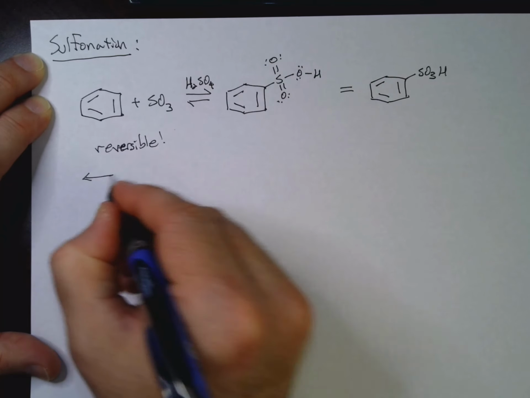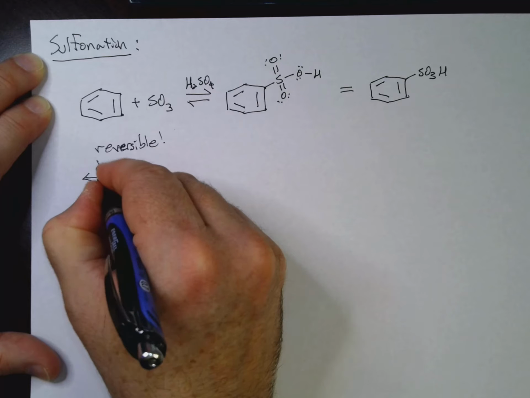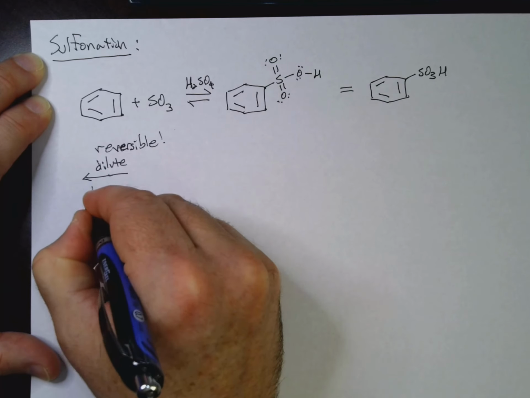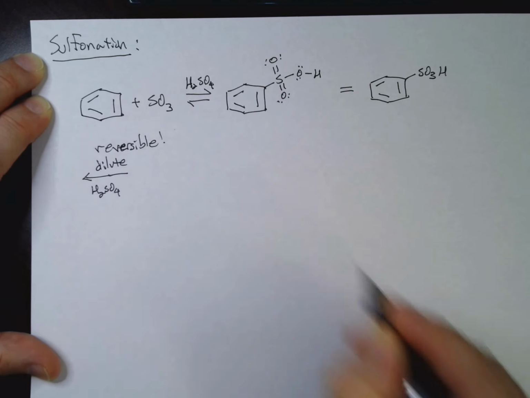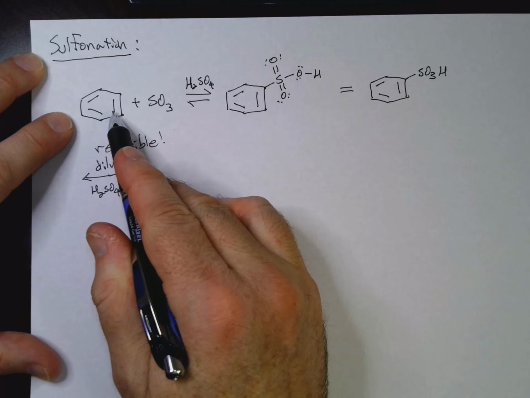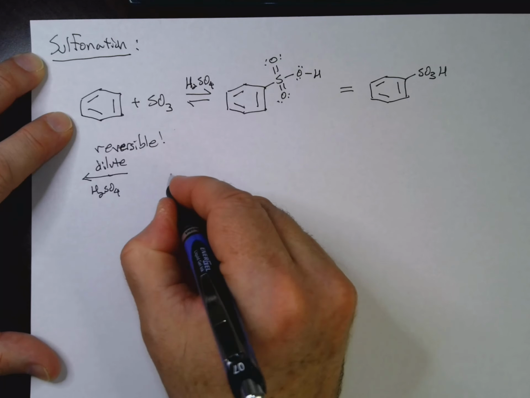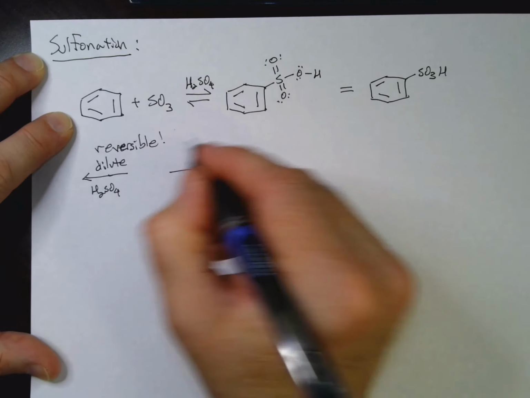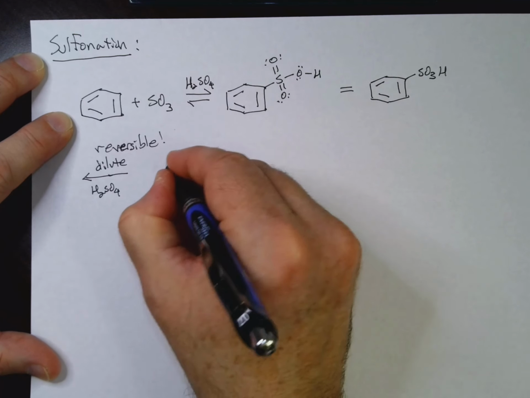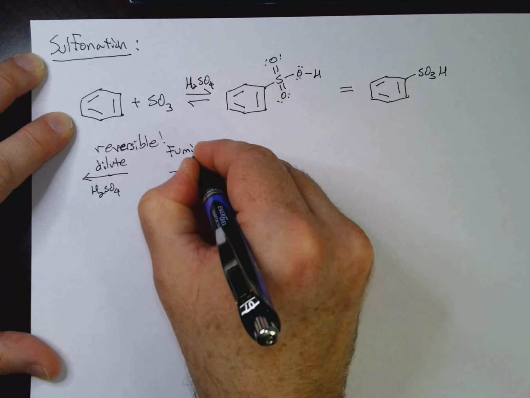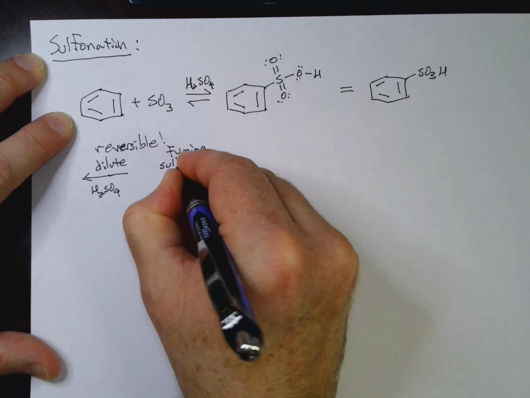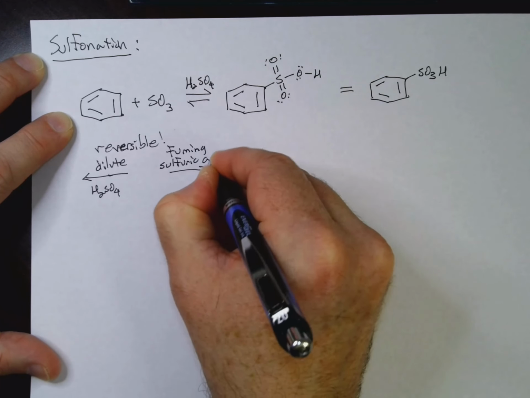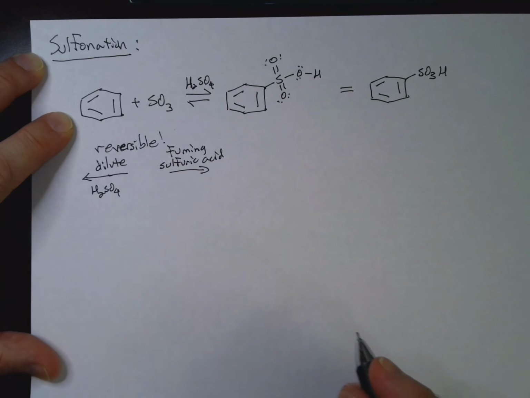So if we have dilute H2SO4, so just a little bit of acid, it actually favors the reactants, favors the reverse reaction. And if we have fuming sulfuric acid, what's fuming sulfuric acid?